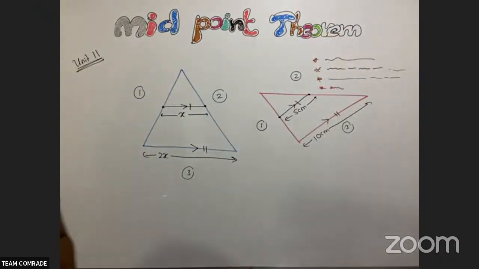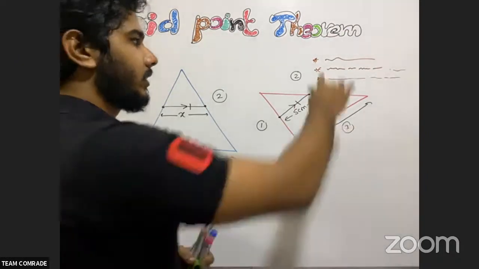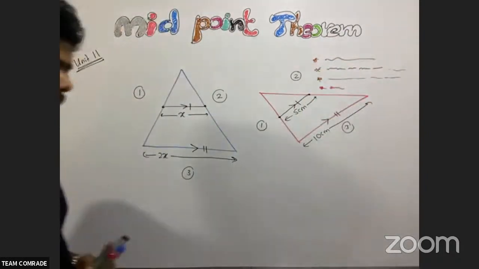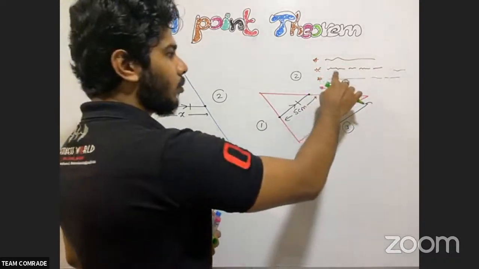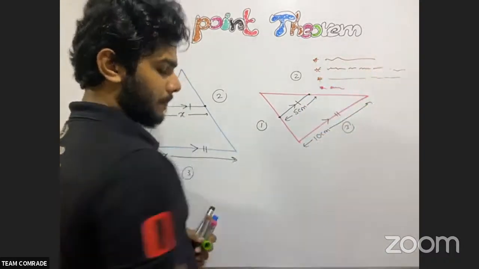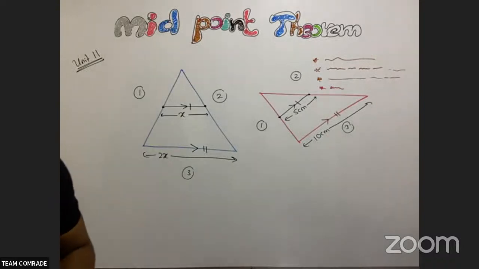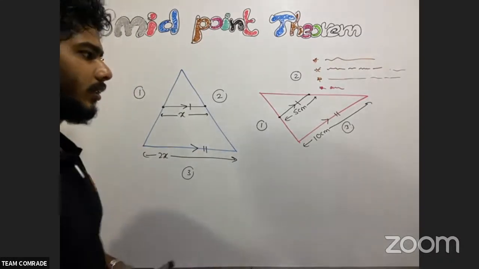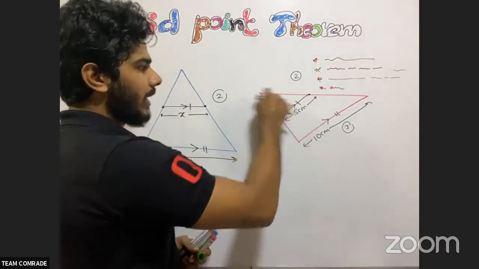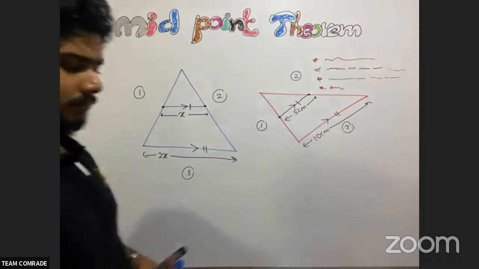First point, the straight line segment. Next point, through the midpoints of two sides of a triangle.